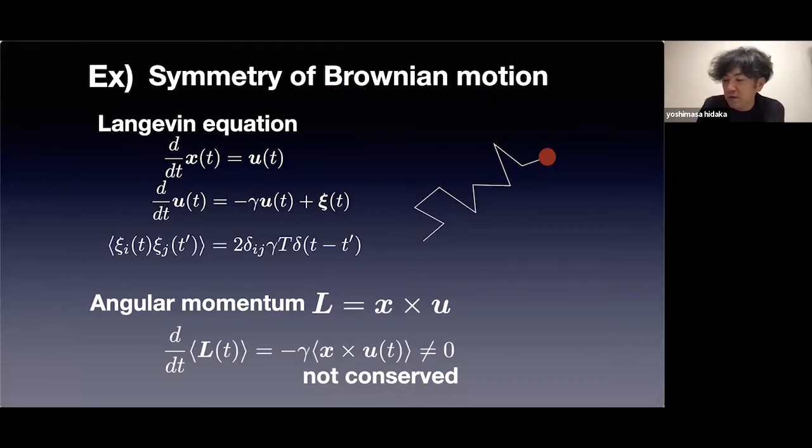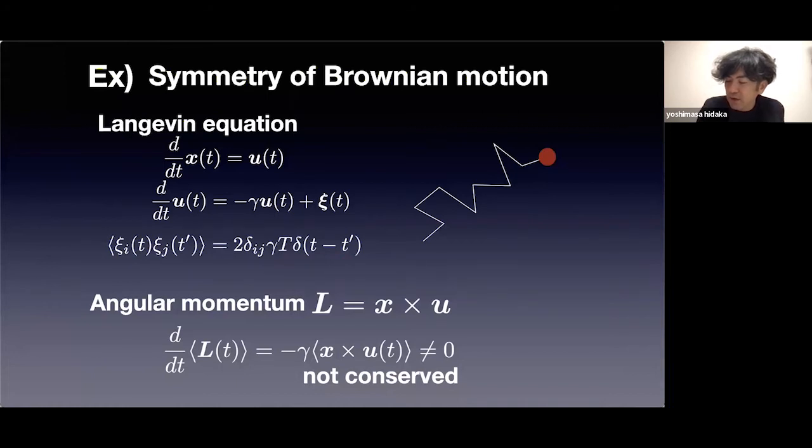Here is the equation for this Brownian motion, called the Langevin equation. X dot gives you the momentum. The momentum dot gives you some friction term and random noise. We choose this random noise to satisfy this relation.